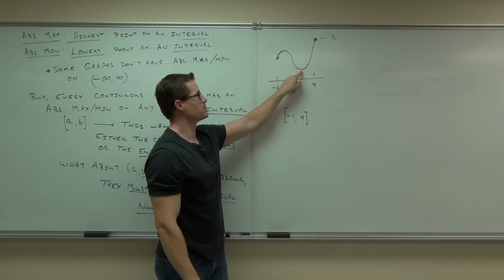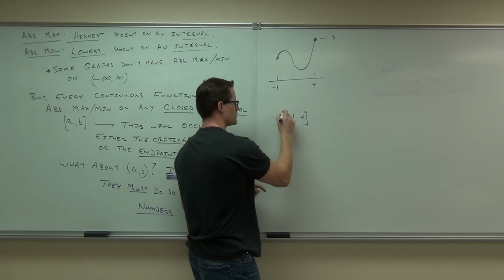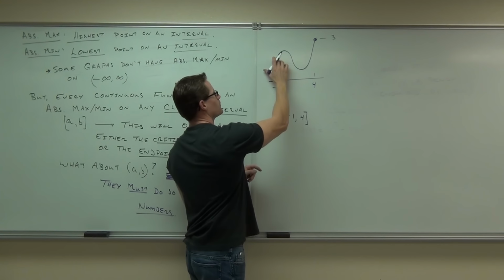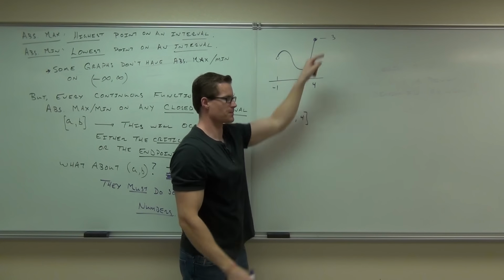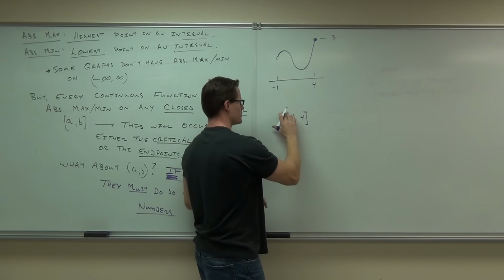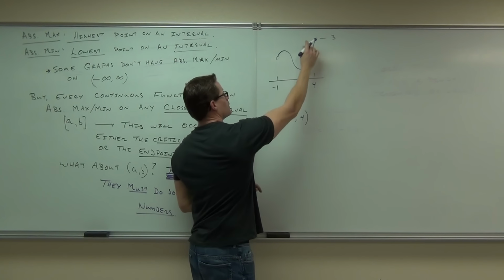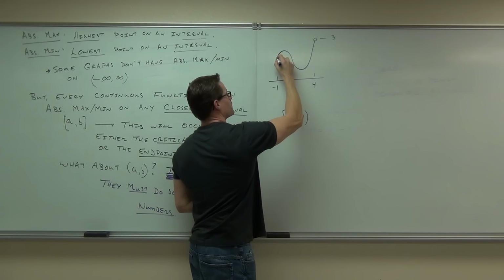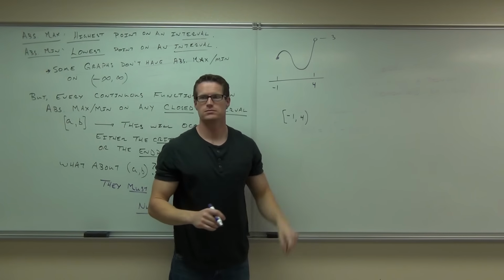Absolute min is here, absolute max is there. If I ask it to you this way, absolute min is here, absolute max is there. If I ask it to you this way, it looks like that. Absolute min is here, absolute max is up.